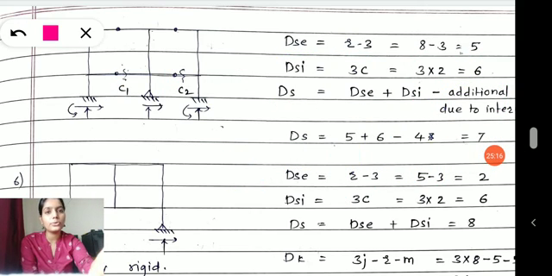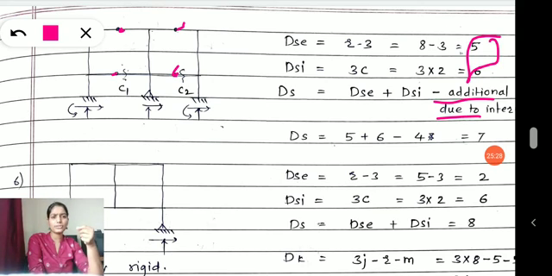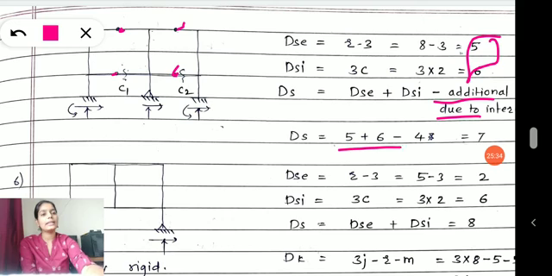Wait a minute, not two, we have four internal hinges actually. Therefore, subtract from this value 5 plus 6 the additional equation due to internal roller or internal hinge, and that leads to DS equals 7.